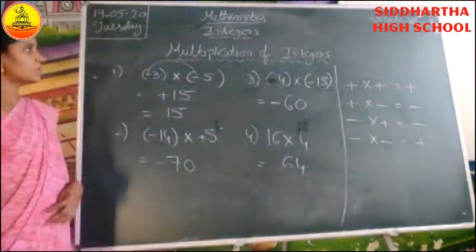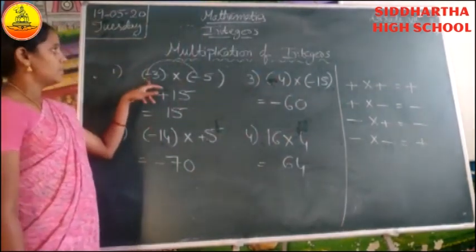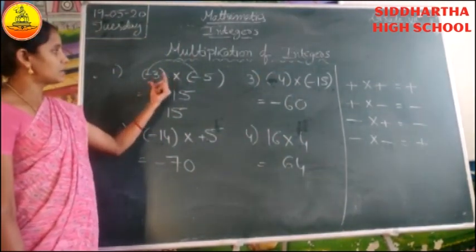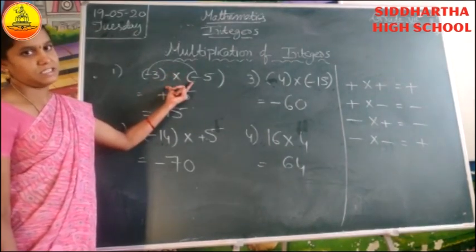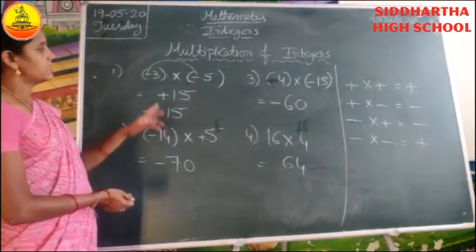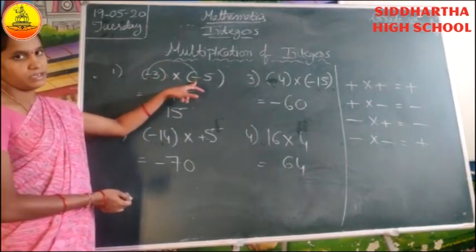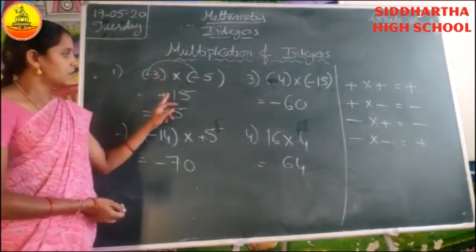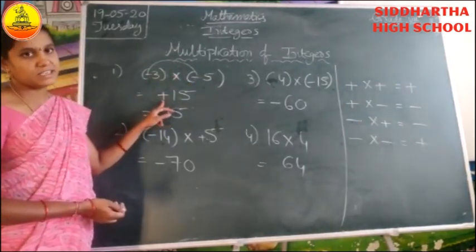So how to multiply the integers? Listen once. Whenever you are multiplying integers, multiply the numbers first. After that, multiply the signs. What do you understand from this? This is a negative integer, this is a negative integer. Whenever we multiply two negative integers, it gives a positive integer as a result.